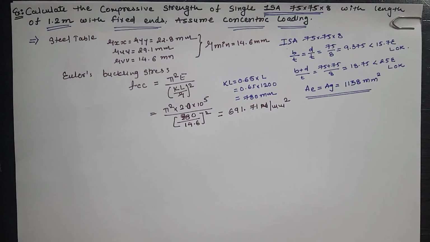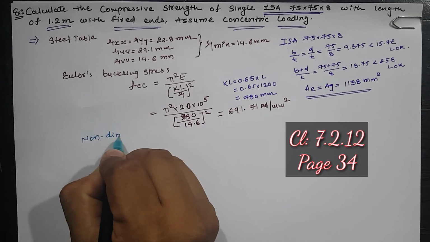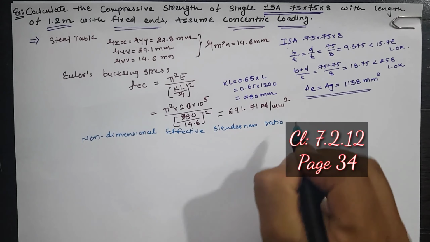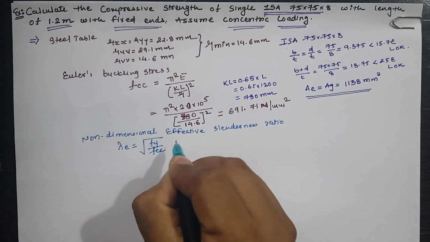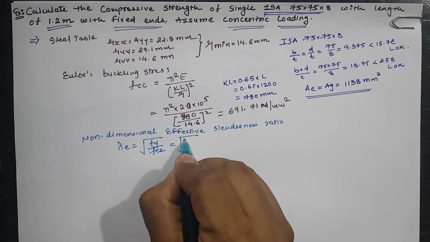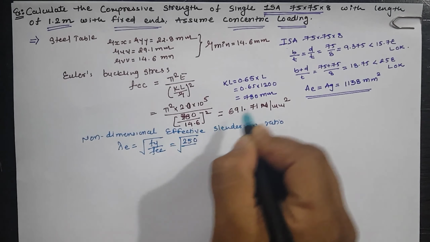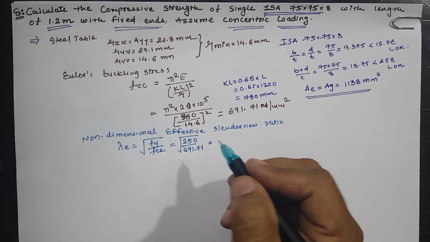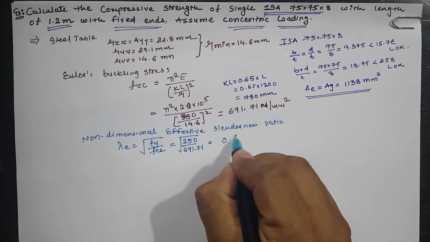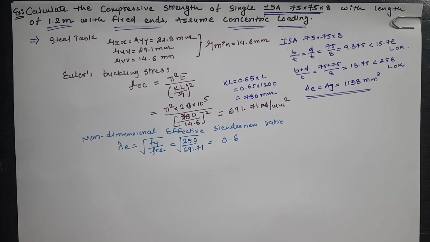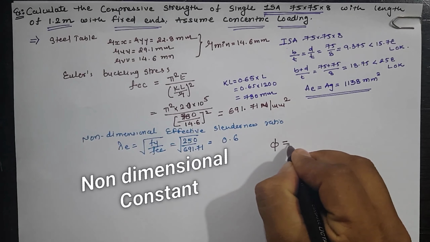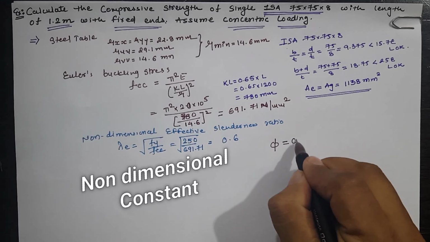Now going ahead for the calculation of lambda E. Generally Fy is taken as 250, FCC is 691.71, which gives lambda equal to 0.6. Now we have to use the equation for phi, which is a non-dimensional constant.